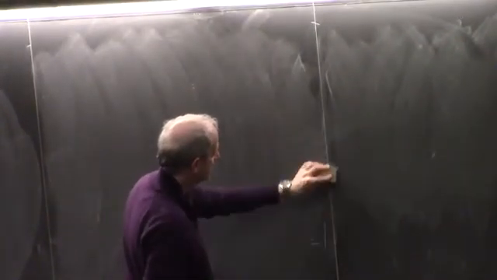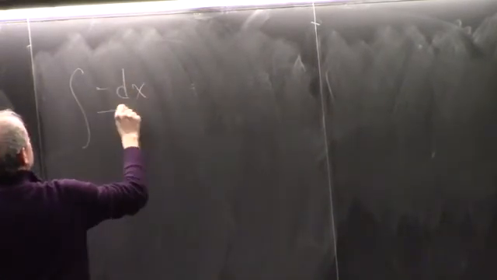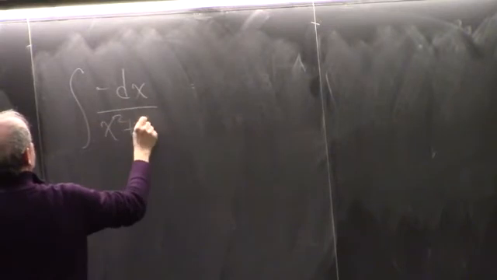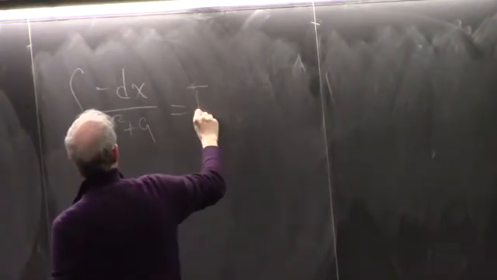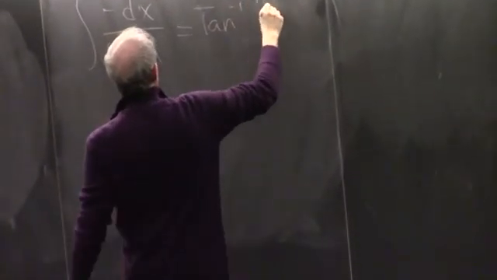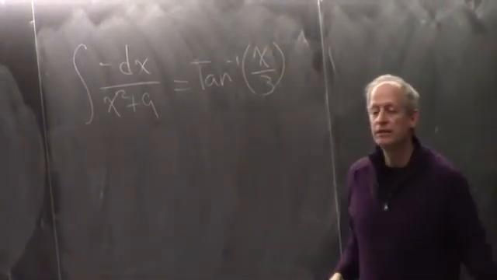Any ideas? The minus is really very important. That's inverse tan of x over 3. The 3 comes from the square root of 9.